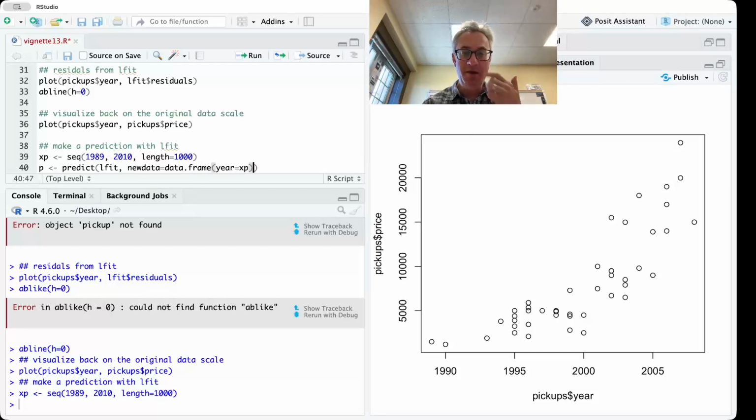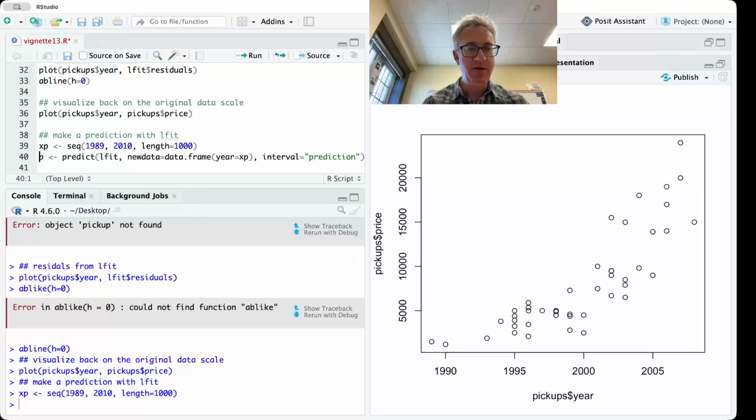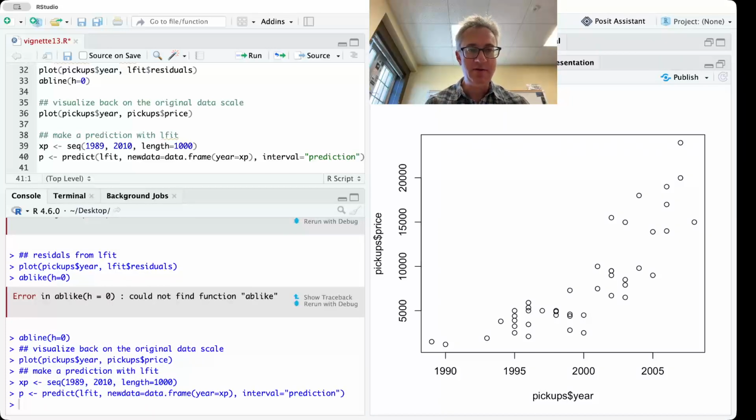So I'm giving it year variables in this grid, and it's my new data for the prediction. And then if I want a predictive interval, I could say interval equals prediction, or you could get a confidence interval if you want to with interval equals confidence. Okay, so I should be able to run that, and now I can put some lines on this plot.